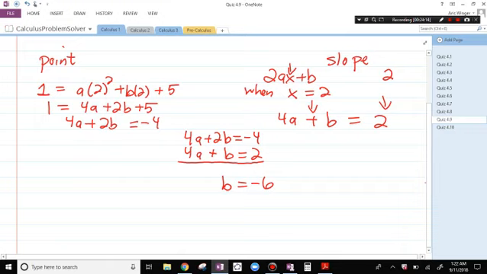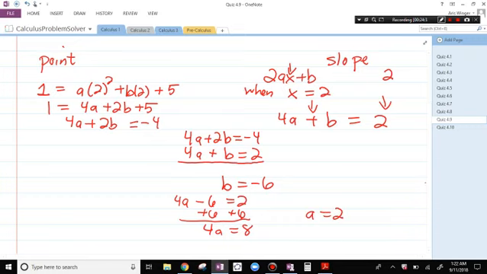We can go back and find a. 4a plus, in this case, -6 equals 2. Add 6 to both sides. 4a equals 8, and a equals 2.